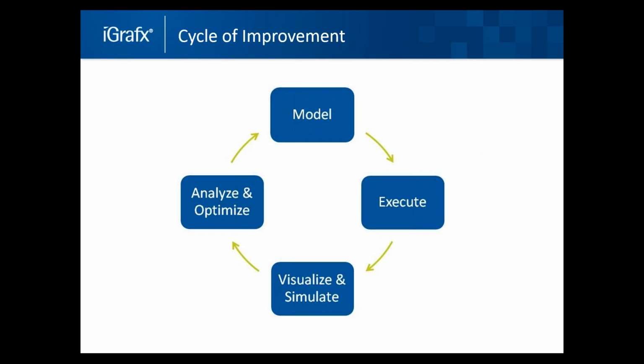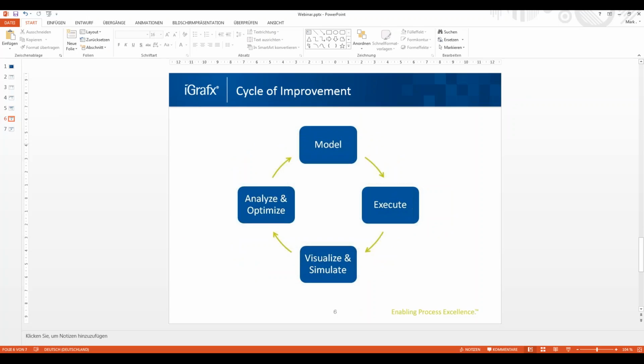Afterwards, all the data that we gather in this execution step, we can visualize and run simulations on in order to improve the process, analyze weaknesses, and create a better process as a result. Then we can do this again and again, so it is a cycle with multiple executions. This is the theory, right?